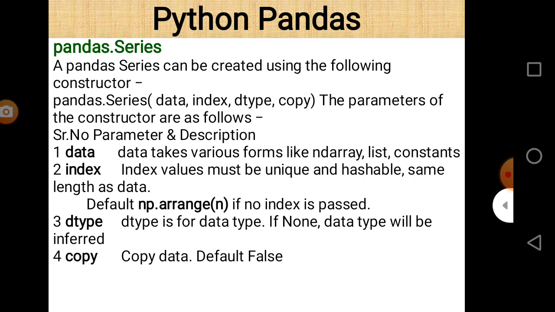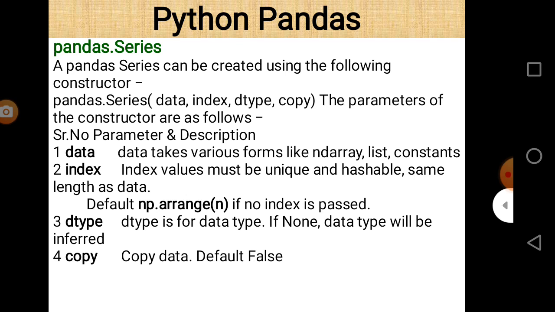So when we pass an index in a series, always remember that index values must be unique and hashable, meaning they can be easily identified in memory. The default is np.arange(n) if no index is passed. So if we do not pass an index in a series, then the np.arange function supplies the index for this series.